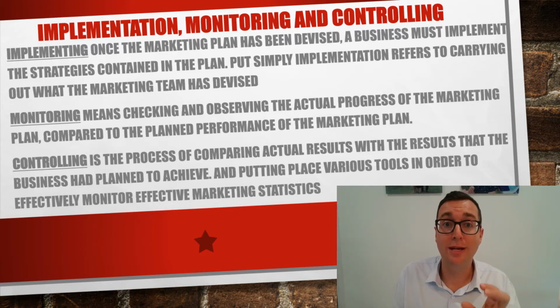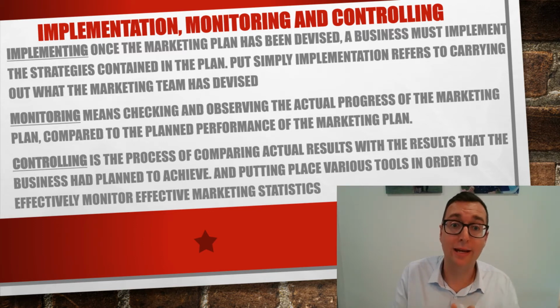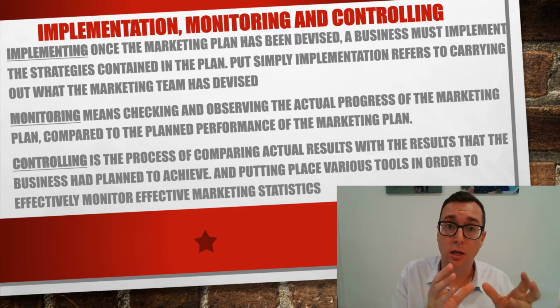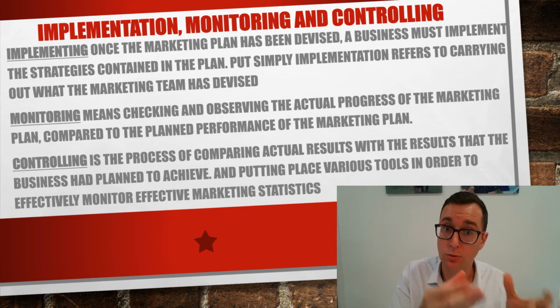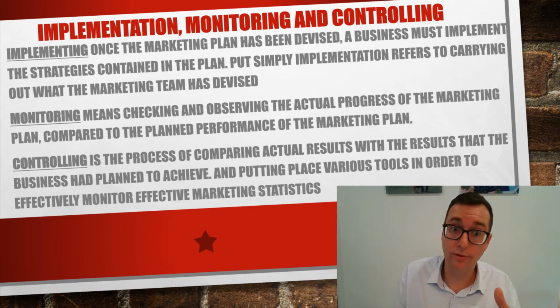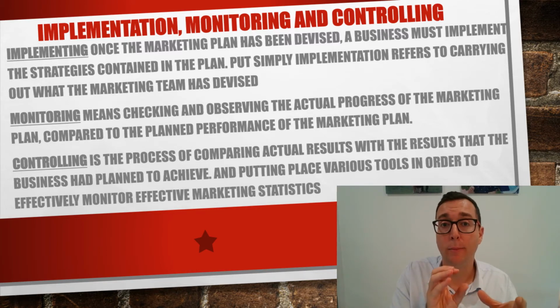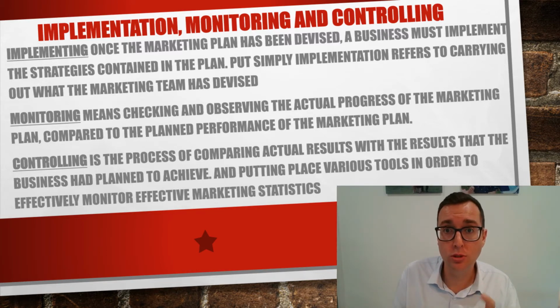Then monitoring means to check and observe the actual progress of the marketing plan compared to the planned performance of the marketing plan. And the last part of that is the controlling. It's the process of comparing actual results the business had planned to achieve, as we saw before with monitoring, but in addition with controlling, putting in place various tools in order to effectively monitor the marketing strategies.